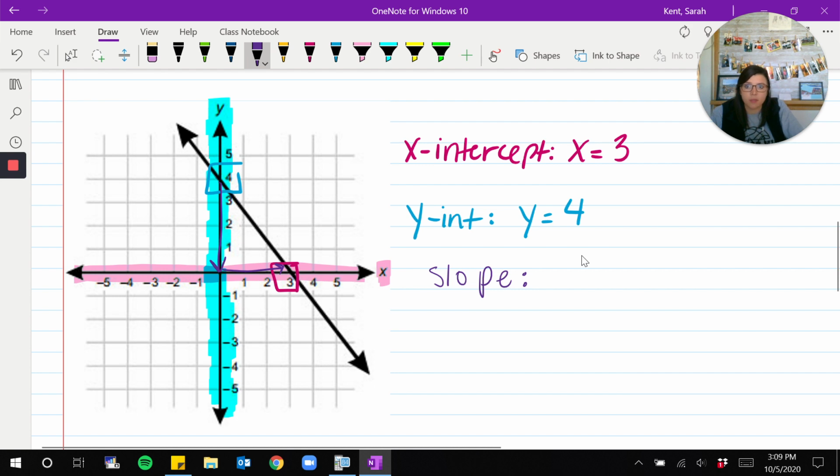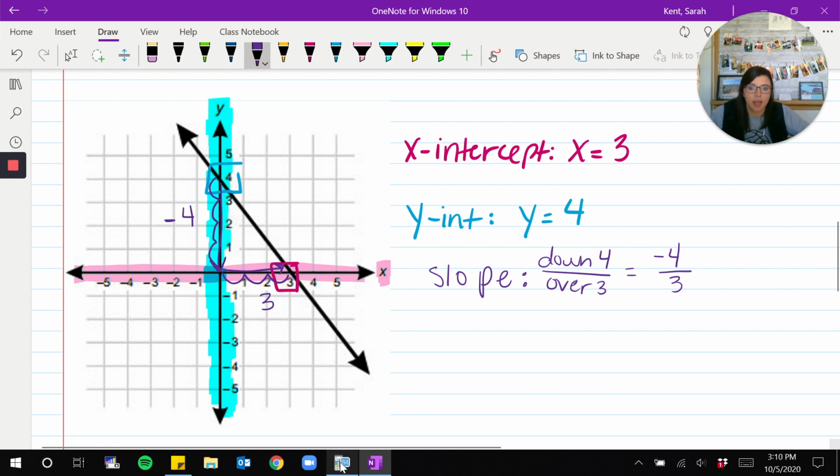So let's count down. We've got 1, 2, 3, 4. So for down, I'm going to put -4, down 4, and then over 1, 2, 3. So for slope, here I would put down 4, over 3. So again, when I see down, I want to put -4, and then 3.